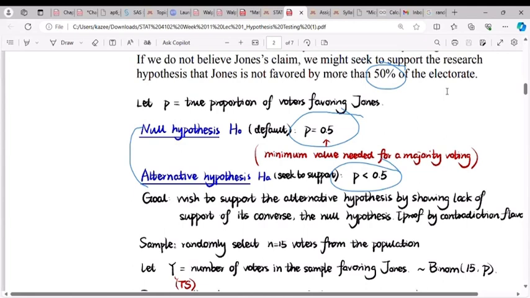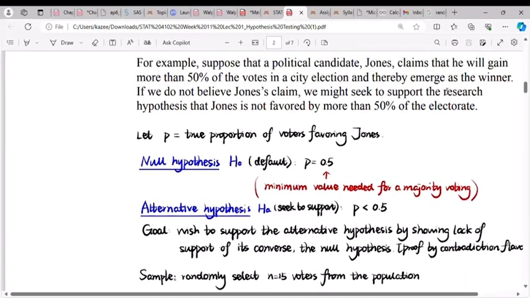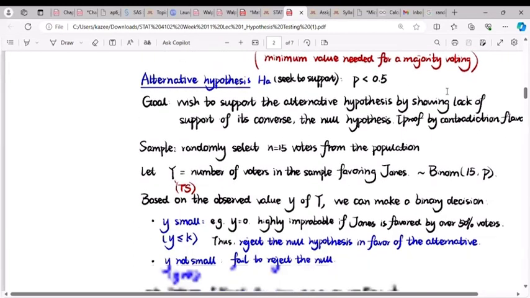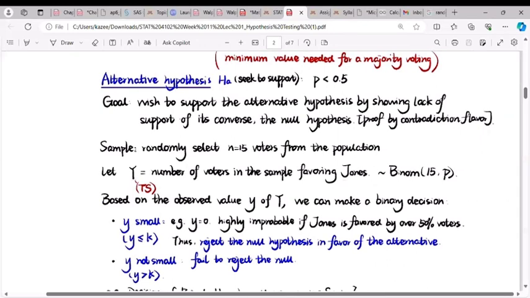Of course, Jones claims more than 50%, and we actually want to go against that. You get what I mean? So what is the goal? The goal here is we wish to support the alternative hypothesis by showing lack of support of its converse, the null hypothesis. That is what we want to do.